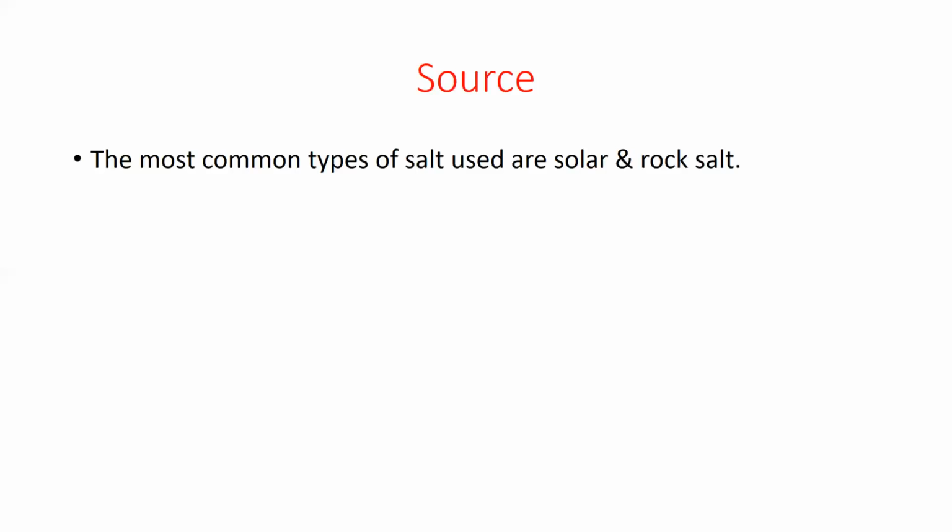Coming to the source, as we know, pure common salt is NaCl, sodium chloride, and commercial common salt may contain certain impurities. Their level depends on the kind of salt or source of salt and their method of production.